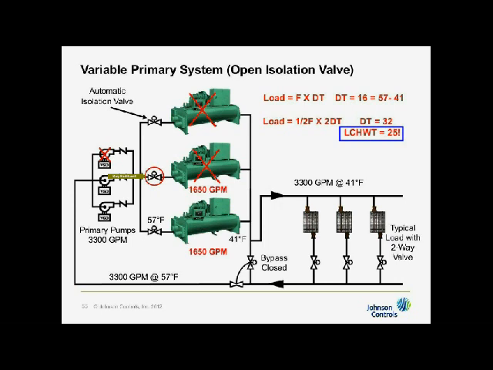So this chiller that's almost fully loaded sees up here in our formula where load is equal to flow times delta T, it sees half the flow all of a sudden. So the only way it can do almost full load at that condition is to double the delta T. So my 57-degree return temperature is driven down to 25 degrees here, okay?